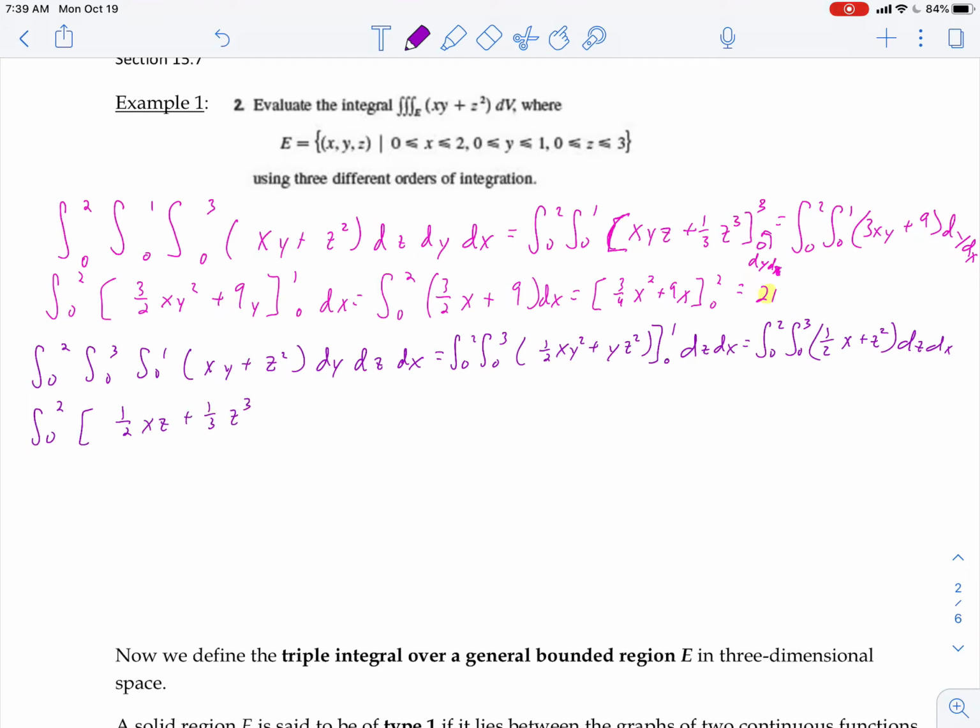So we're going to have 1/2 xz plus 1/3 z cubed from 3 to 0 dx. Plug in 3, so 3/2 x plus 3 cubed is 27, so plus 9 dx, and then we'll integrate one last time.